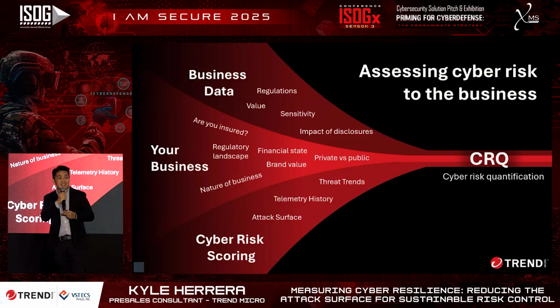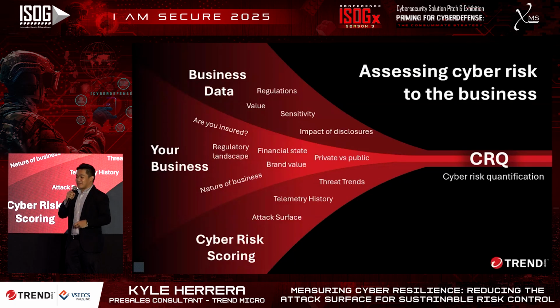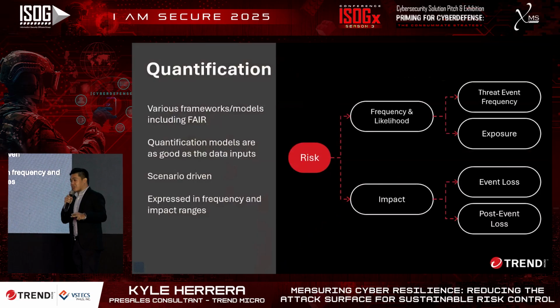So who among here had difficulties explaining to the board or actually higher ups that we need to invest in cybersecurity? Who here? I believe some of us, right? So I'm here to introduce cyber risk quantification. So cyber risk quantification actually gets multiple sources together with your risk score, and also with the frequency and likelihood of an attack.